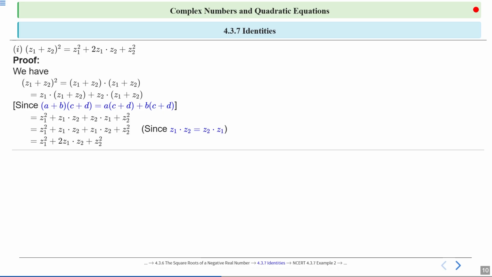And finally we obtain z1 square plus 2 times z1 times z2 plus z2 square. So therefore z1 plus z2 whole square equals z1 square plus 2 times z1 times z2 plus z2 square.